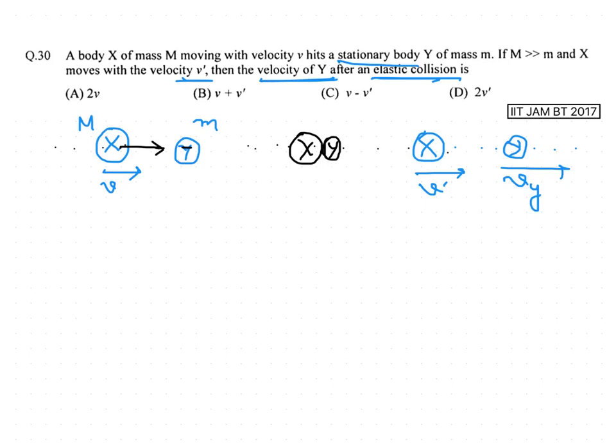The linear momentum of X is mass times velocity, that means capital M times small v, and that of Y is small m times 0, because it is a stationary body, that means it is at rest, its velocity is 0.